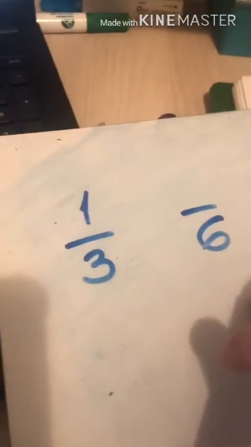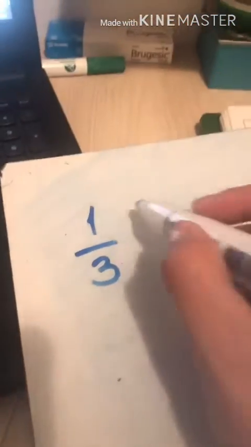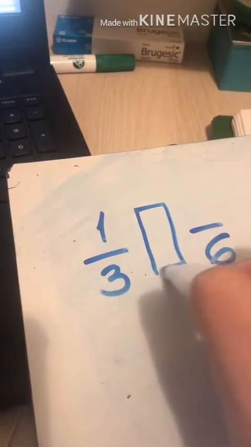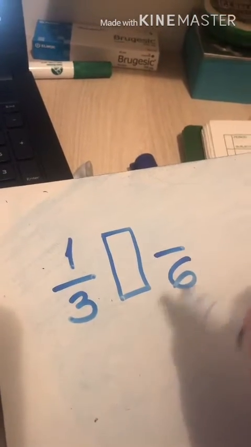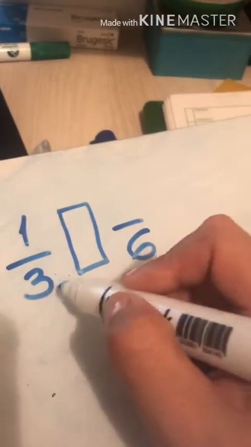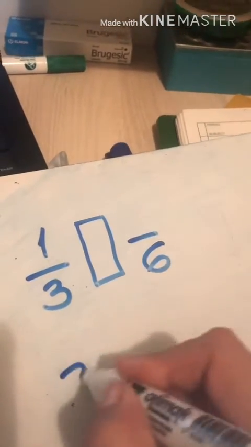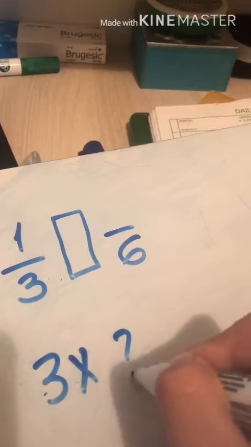The first thing I want you to notice is that all the denominators right here have a 6 as a denominator, right? So what we know is that our equivalent fraction is going to have a 6 underneath. What number would you multiply the 3 by to get a 6?